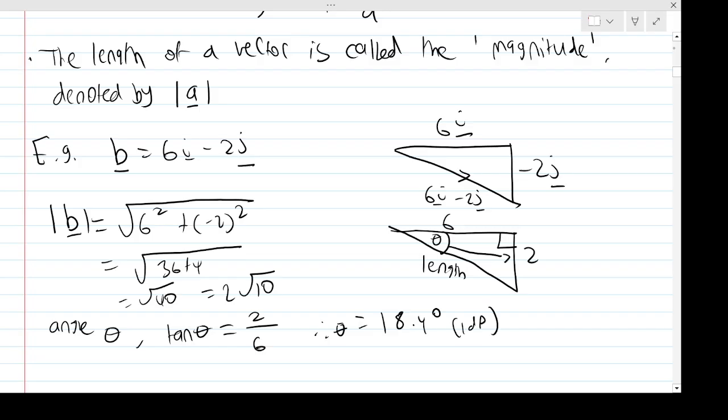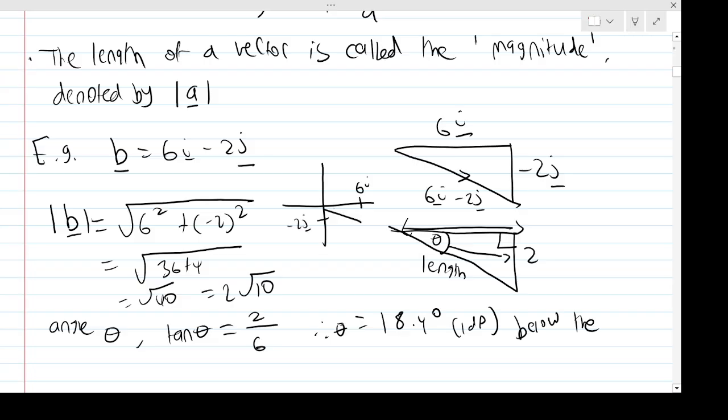I can say it's going to be below the x-axis, right? Because if you think about it, the x-axis is the x part, right? And then we're going below it. So it'd be below the x-axis, okay? Again, you can think of it, if I draw it on a 4-quadrant grid, 6i would be there, minus 2j would be there.